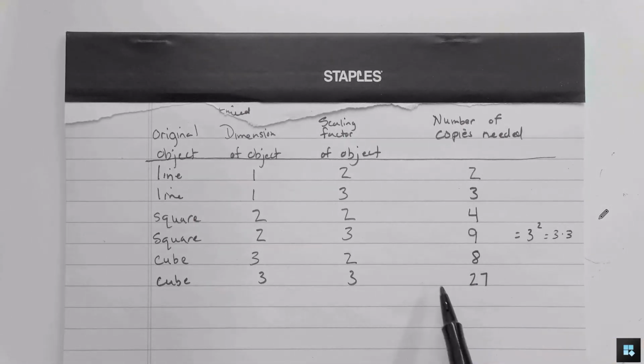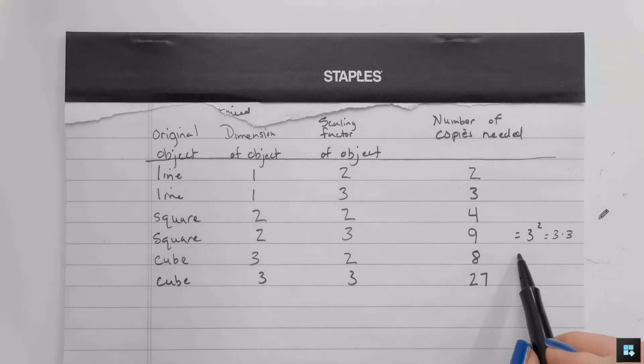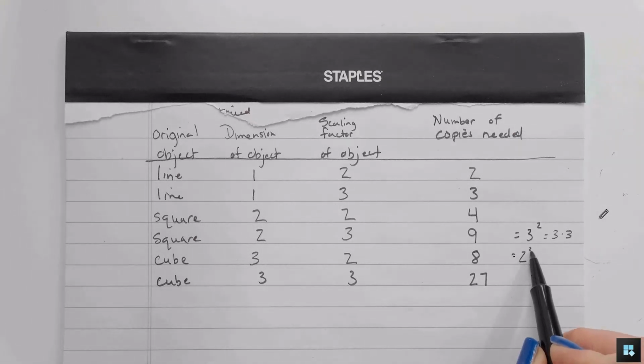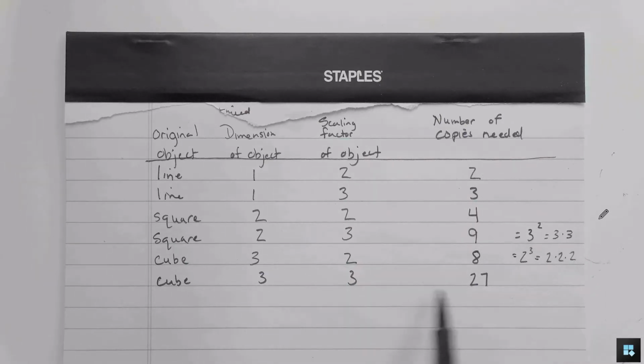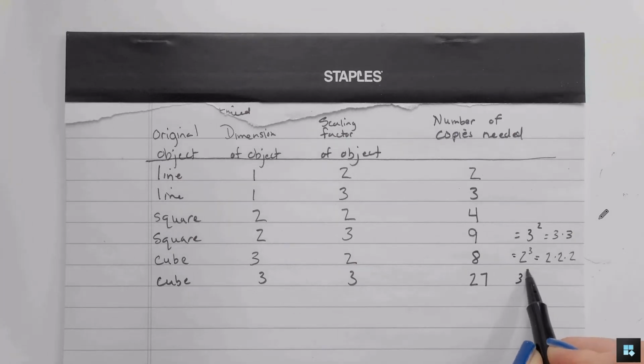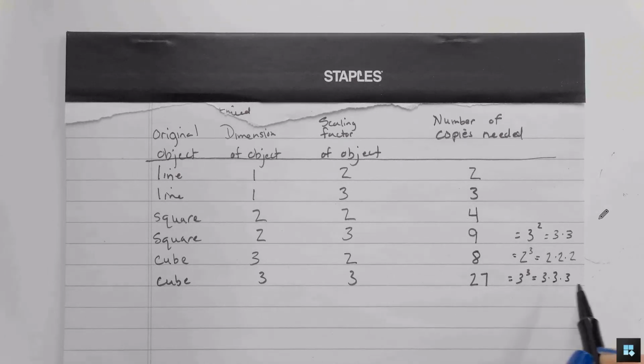Or when you say 2 to the 3rd power is 8, that means 2 times 2 times 2, 3 times. So the little exponent tells you how many times you multiply. And you have 3 to the 3rd is 27. That's 3 times 3 times 3.